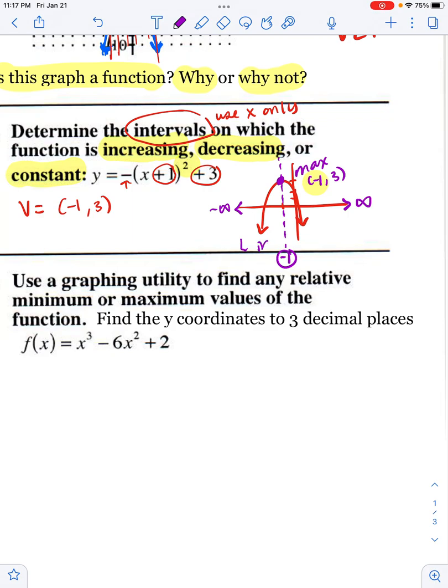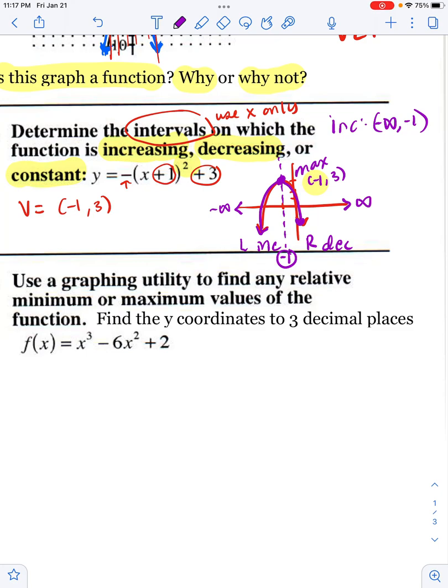To the left of it, over here, the graph is increasing because when I get on the graph, I go up. To the right of that, the graph is going down, and so that's going to be decreasing. So when it asks me for the interval of increase, where's that happening? Well, everywhere to the left of -1. So from negative infinity to -1.